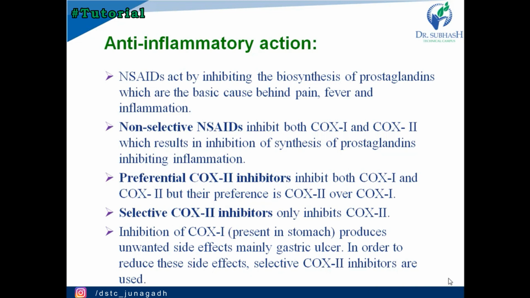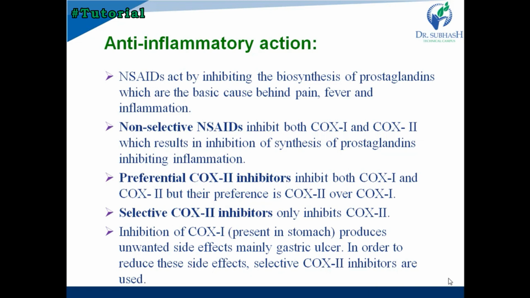And in these functions, the major function is the production of the mucosal layer, which protects our GIT membrane. So inhibition of COX-1 has a side effect, that is gastric ulcer. And to reduce these side effects, selective COX-2 inhibitors are used.